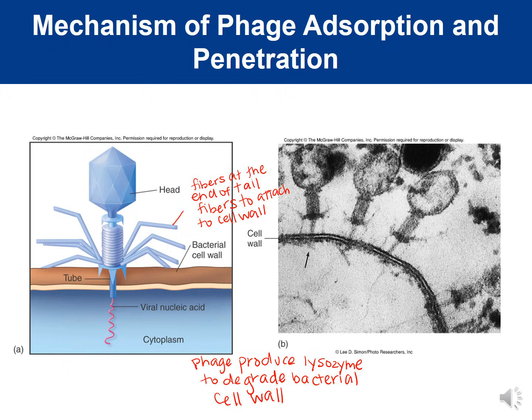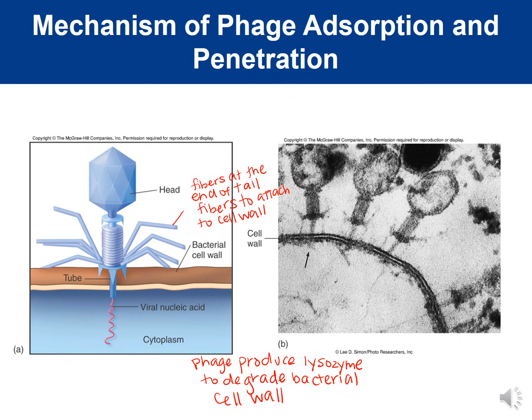And then as it breaks down a portion of the cell wall, this tail sheath contracts, and when it contracts, this tail core is driven down into the cell wall.